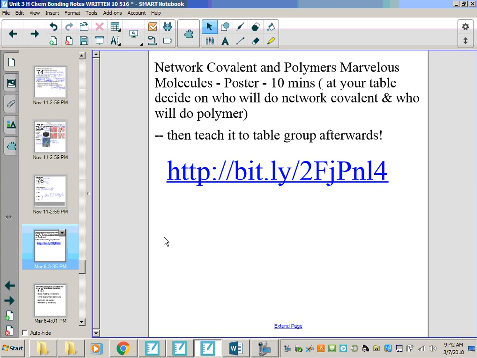And then there's going to be one candy making per table. That's coming around now. There's going to be one electronegativity sheet per table. That's coming around now. And then there needs to be one paintball per table.